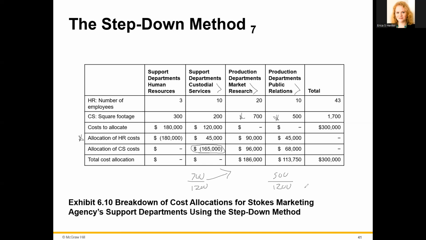So running that math really quick, that gets us to 0.5833 for production department and 0.4167 here. If we take those and multiply that times 165,000.